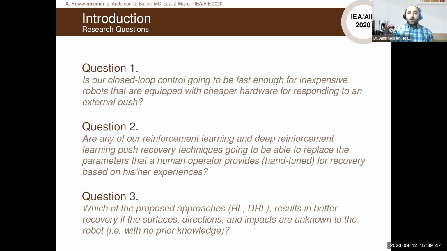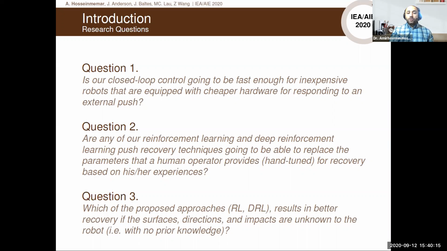Second question, are any of our reinforcement learning and deep reinforcement learning push recovery techniques going to be able to replace the parameters that a human operator provides for recovery based on his or her experience? So basically we want to know if a robot can have a better experience than a human.